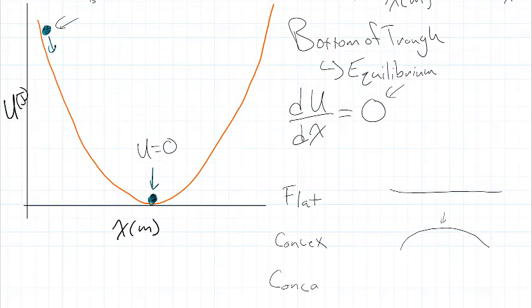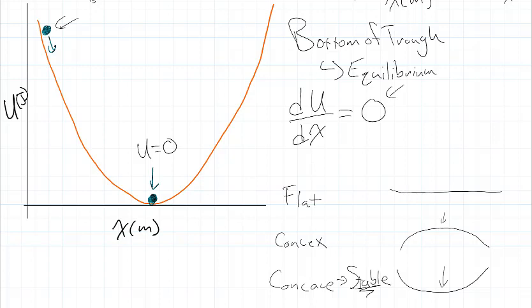Or we can have our U versus x curve that is concave and have our dU/dx equals 0 at the bottom of a trough, like we were talking about. Each one of these corresponds to a different type of equilibrium. In terms of a concave situation where you're at the bottom of a trough, we call that a stable equilibrium.